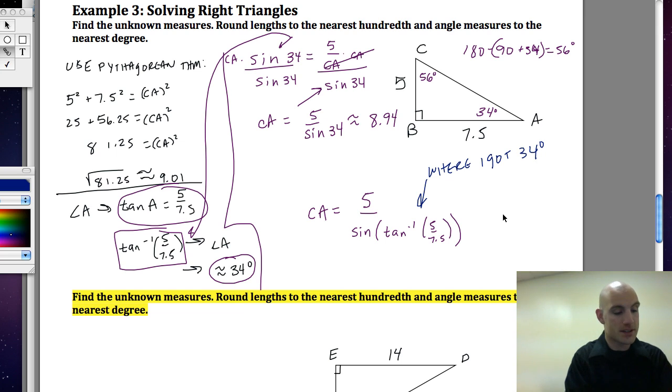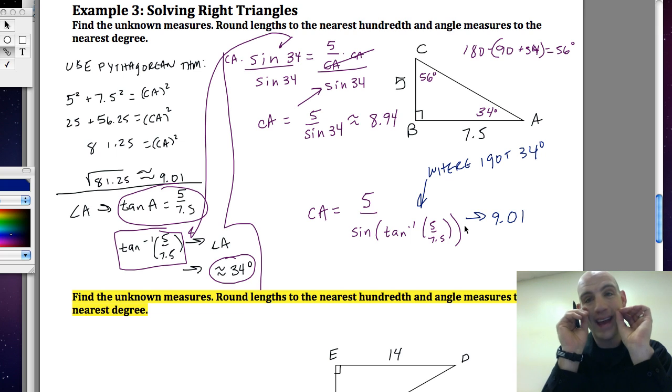Well, if I take the sine of the inverse tangent of 5 divided by 7.5, and then I say 5 divided by that answer, 5 divided by sine of inverse tangent of 5 divided by 7.5, I get 9.01.